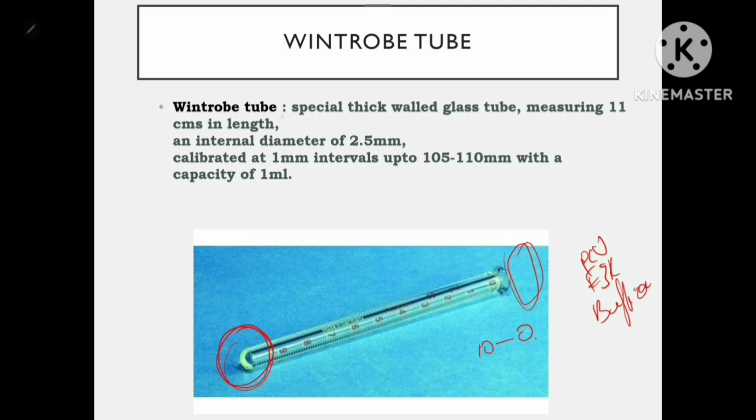As I said, Wintrobe is a thick walled glass tube measuring around 11 centimeters, and the internal diameter will be 2.5 millimeter, closed on one side and open on the other side. So always remember, used for packed cell volume, ESR and also buffy coat.